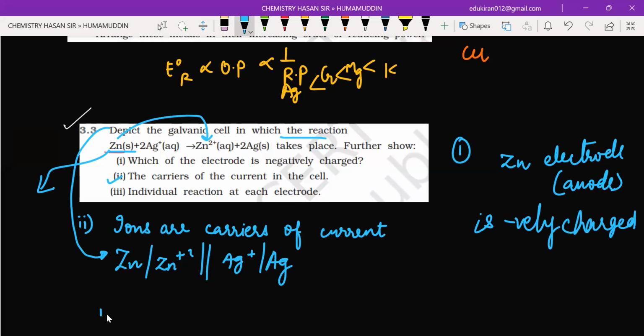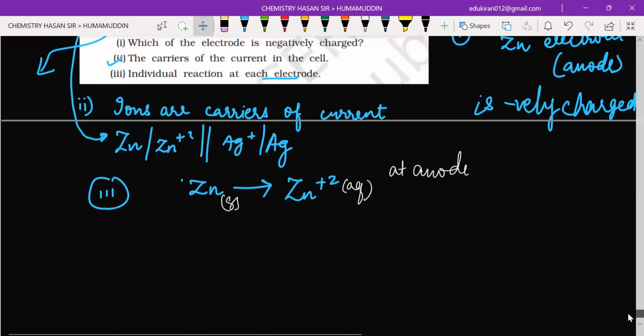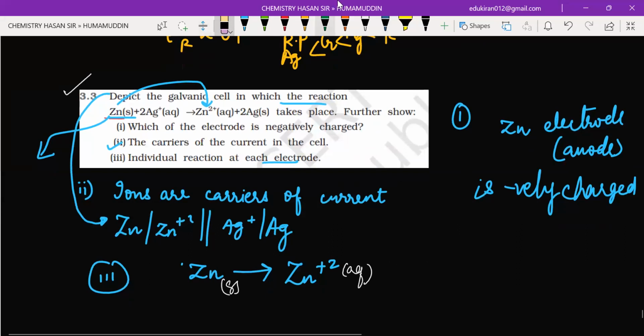Now the last part, the individual reaction at each electrode. At the anode, oxidation takes place. So Zn converts itself into Zn plus 2. But in exams, you are going to take care to write the physical state as well. That will be more beneficial. So this is at the anode. And at the cathode, since zinc lost 2 electrons, we need to write these 2 electrons as well.